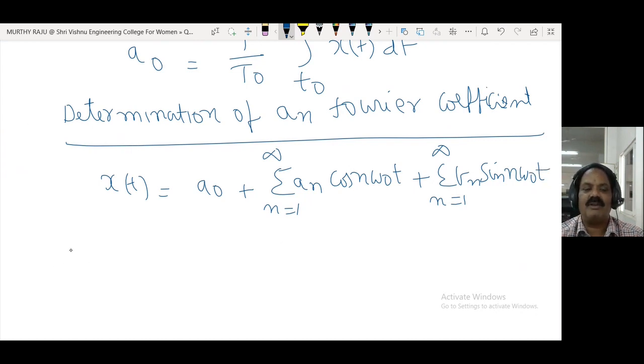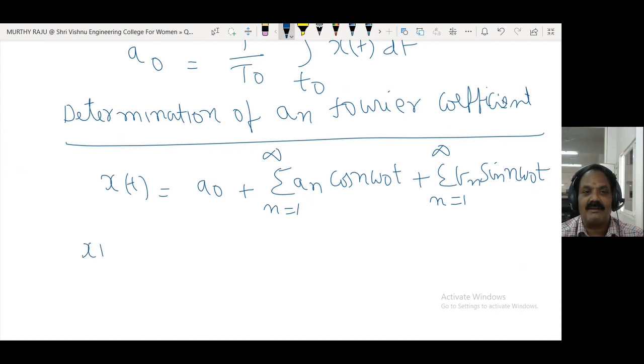Again, this is the equation. Integrate this equation over the interval from small t naught to small t naught plus capital T naught, and multiply with cos m omega naught t.